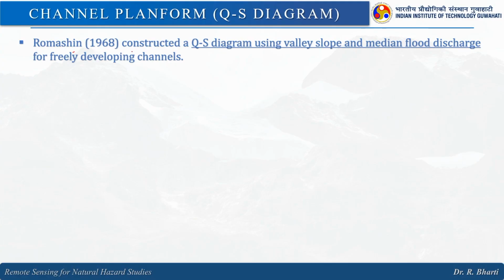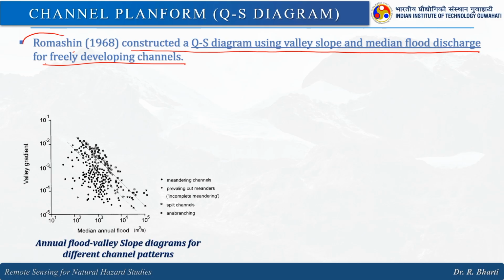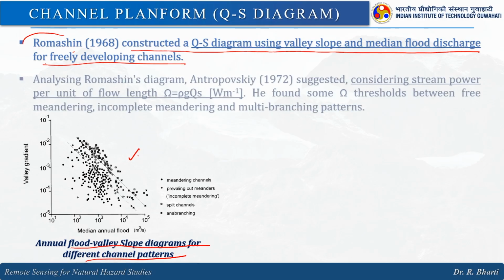Now let us see the QS diagram. So Romashin in 1968 constructed a QS diagram using valley slope and median flood discharge for freely developing channels. So this annual flood valley slope diagram for different channel patterns can be seen here.